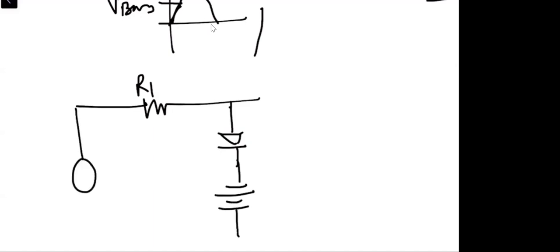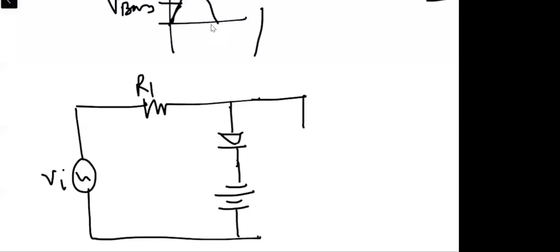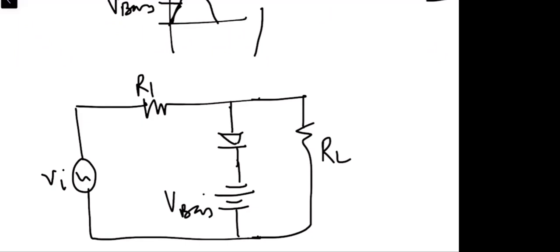With this, we are providing the input VI over here, and again we have the RL over here. We have V bias, and again you can see V bias is connected in such a fashion that the negative side of the diode is being held with a potential V bias, right?